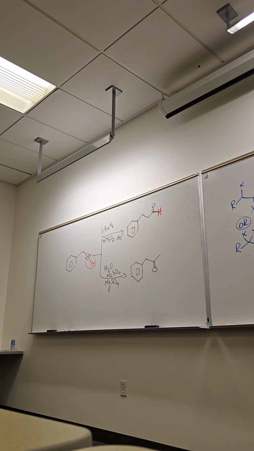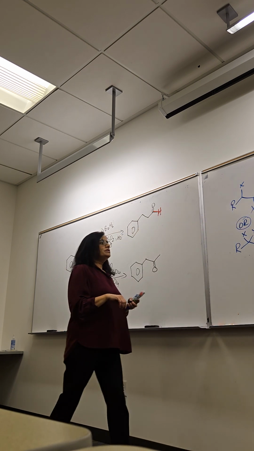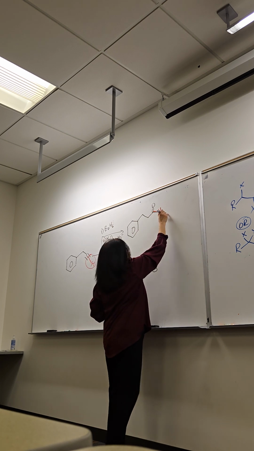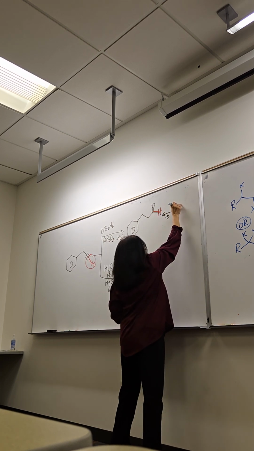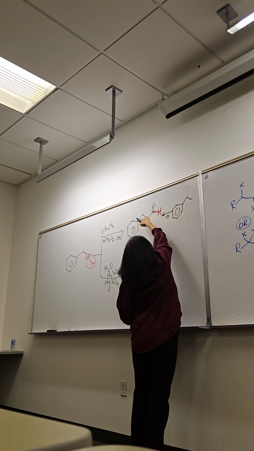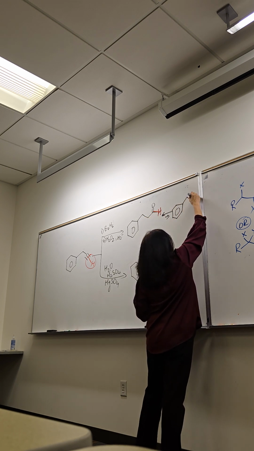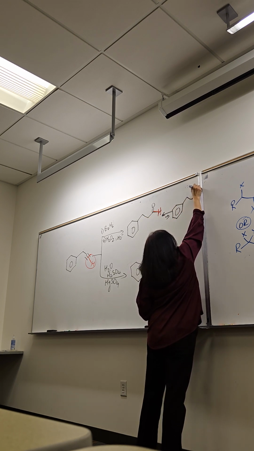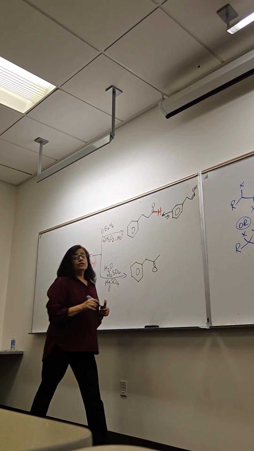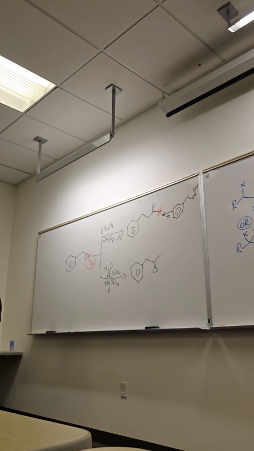What's the meaning of tautomerism? Tautomerism is an equilibrium process where the keto form is in equilibrium with its enol form, which is why you drew two arrows going in opposite directions. And in general, the keto form is more stable than the enol form.